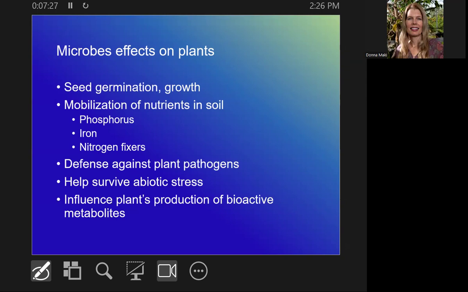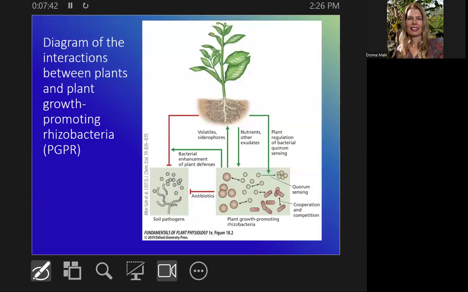And the ethnobotany field is really starting to look at that more: how do the microbes influence the certain oils or chemicals that we want when we're using plants in that ethnobotany realm? I think I showed you this before with the plant growth promoting rhizobacteria, just trying to show again the complexity, lots of things going on in the soil system, on the roots, in the roots. And of course, the plant is doing its part as well.